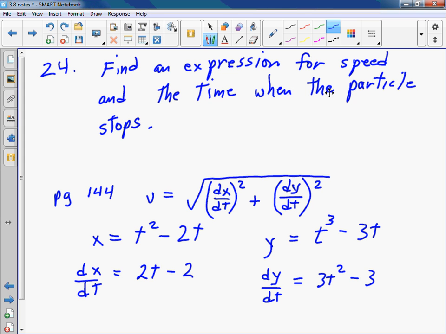Now, notice I did not have to use the chain rule because this one is derived in terms of y and t. dy dt, so I can just use my power rule here. dx dt, I can just use my power rule here. And that's a very important distinction from when we were doing implicit derivations.